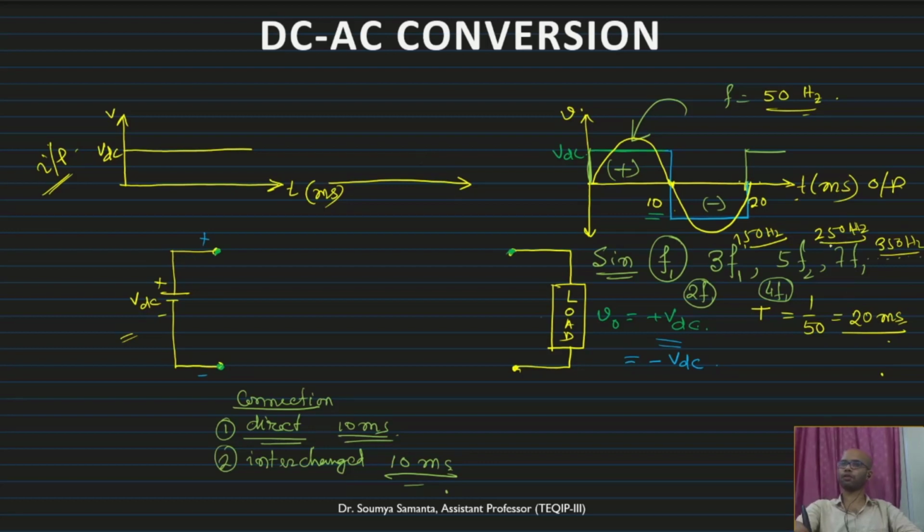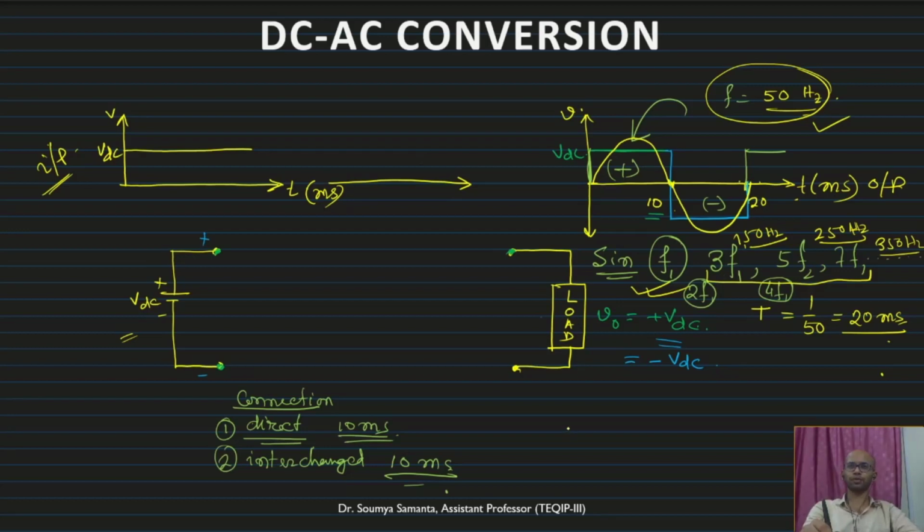So what do we have to do? We have to filter out these frequencies. We have to eliminate these frequencies to get the sinusoid with the fundamental frequency. That is our ultimate goal. To achieve this, we have to filter out the others.